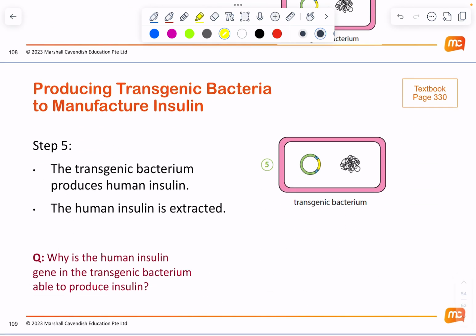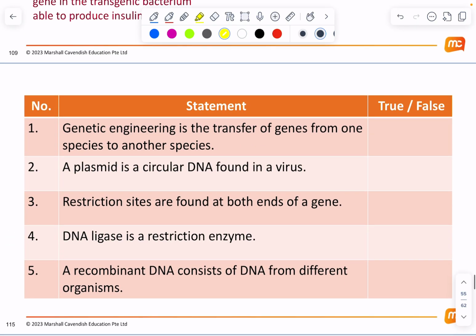After we have this transgenic bacterium, it is able to read the DNA sequence and mass produce the insulin protein, which we then extract from the bacterium and manufacture into medication or product.